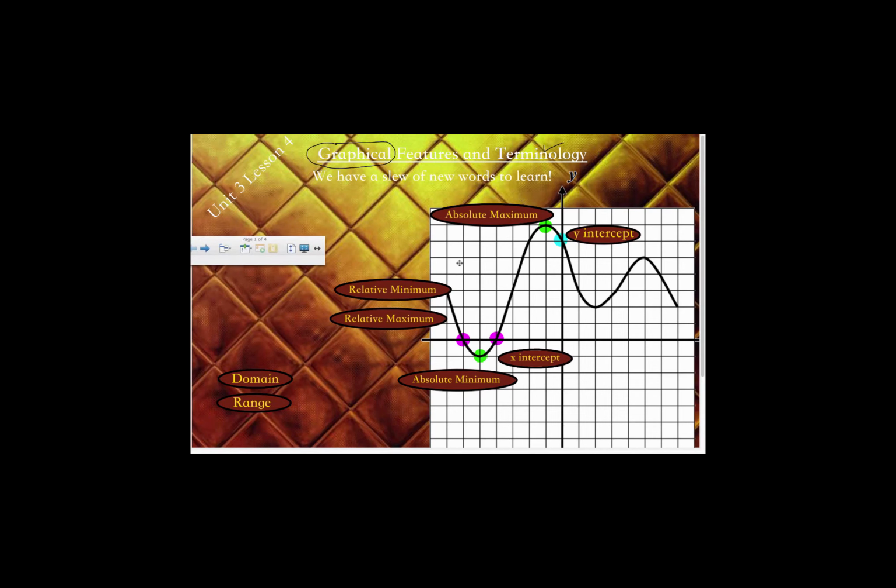Now, what does this relative minimum and relative maximum mean? That means we look for areas of the graph. A relative minimum means we're going to look around an area. When we look around, we want to go where things start to bottom out.